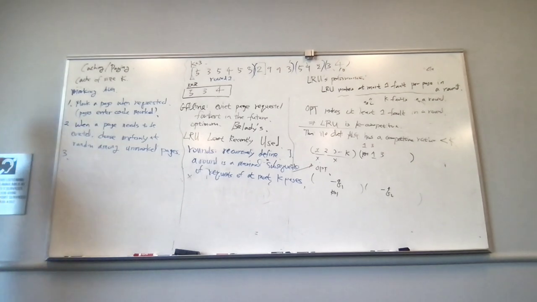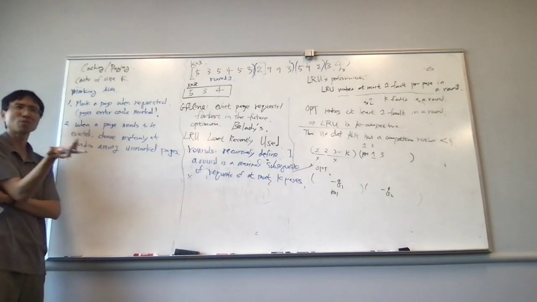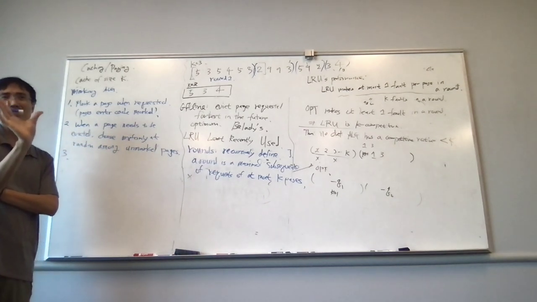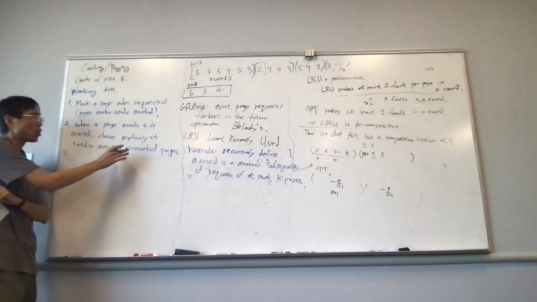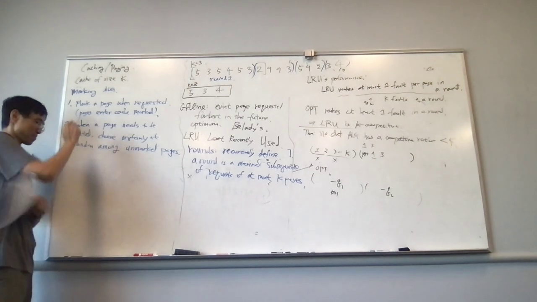Eventually we'll have to evict some page. Because marked pages were recently used, I'm not going to touch them. So among the unmarked pages, I'm going to choose one uniformly at random.